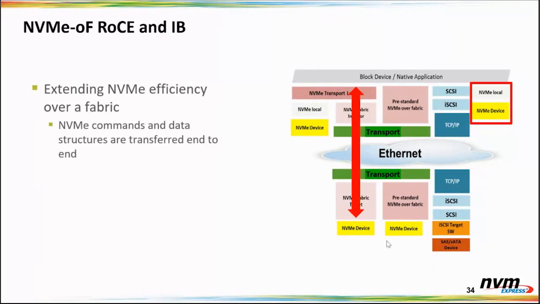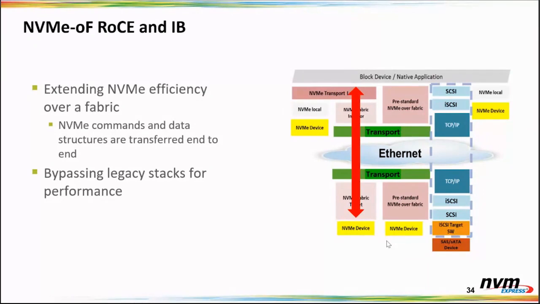It does this by encapsulating the local NVMe commands inside the NVMe over Fabrics protocol. It's a really close match, as Kamal showed, and then it sends it across the network and then de-encapsulates them, and sends them to the remote SSD. So the remote SSD doesn't even know the network is there. The protocol bypasses the legacy storage stacks when the RDMA transport is used on InfiniBand or Ethernet.